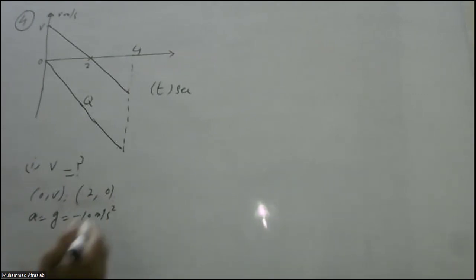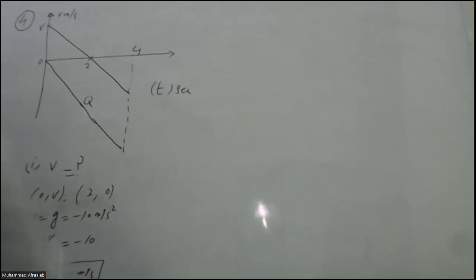So 0 minus v over 2 minus 0 is equal to minus 10, or v is equal to 20 meters per second. So the value of v there is 20 meters per second.